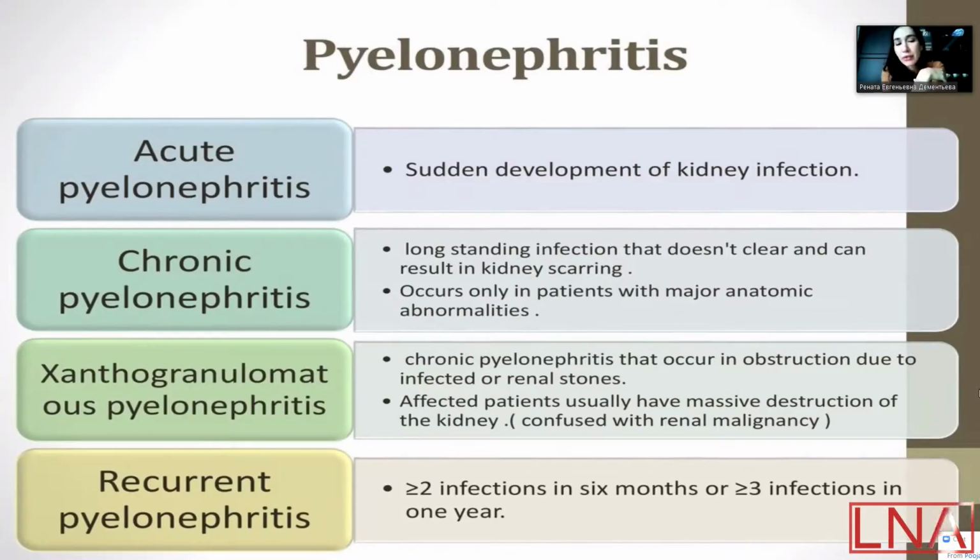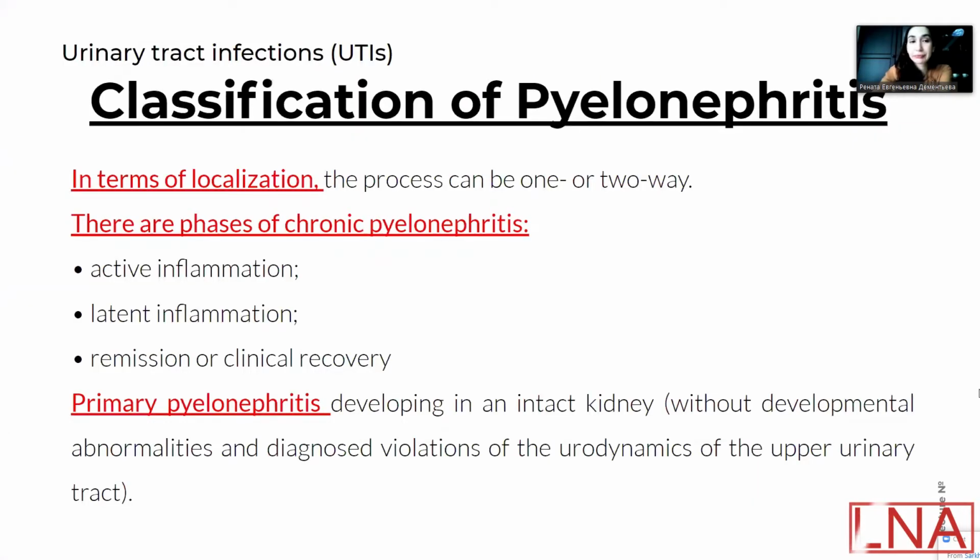Xanthogranulomatous pyelonephritis is like a chronic pyelonephritis that occurs in obstruction due to infected renal stones. Affected patients usually have a massive destruction of the kidney and it is confused with renal malignancy. And recurrent pyelonephritis means more than 2 infections in 6 months, or more than 3 infections in 1 year. Then you can speak about recurrent pyelonephritis.